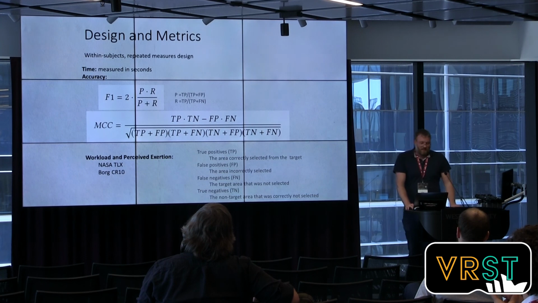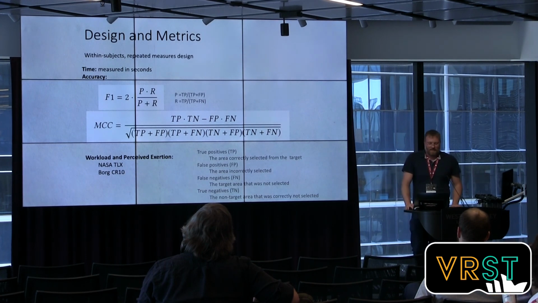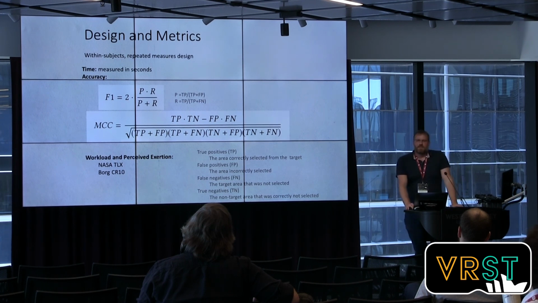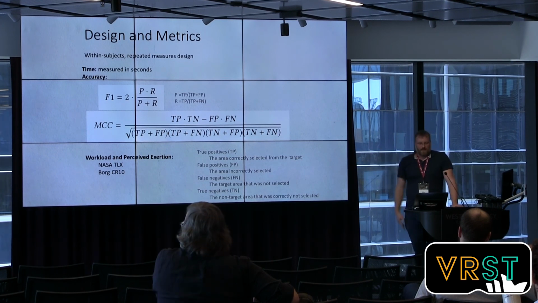Our dependent measures were time as well as accuracy. For accuracy, we used 2 different metrics: the F1 metric, which is frequently used in information retrieval and combines precision and recall. These are based on the area of selection, which is how we define true positives and false positives, for example.